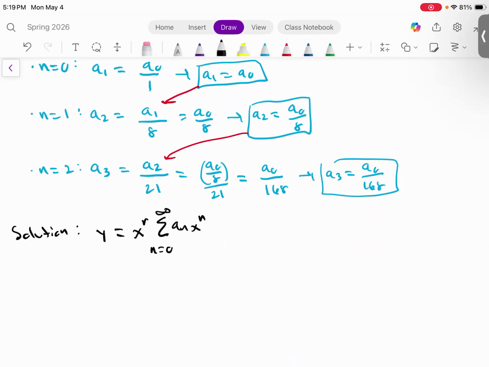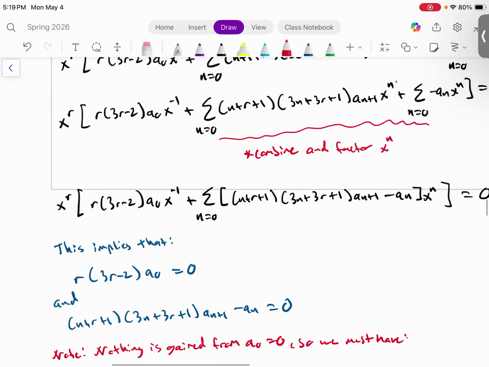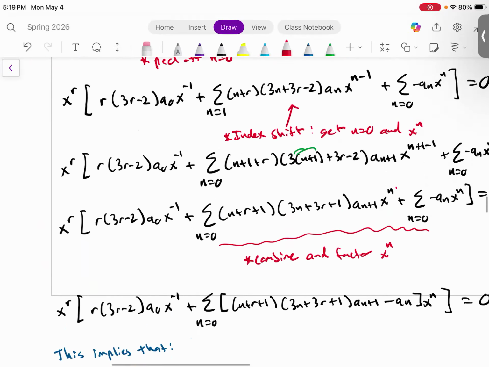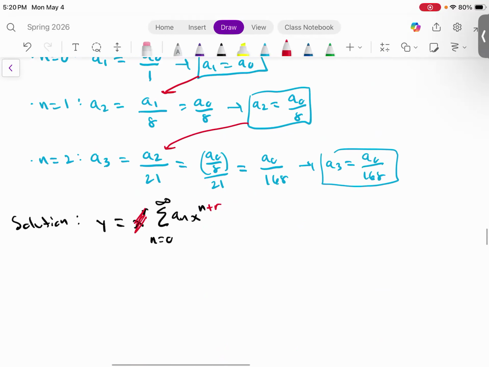Maybe it isn't that way at first, right? We start off with x to the n plus r, but remember we factored out x to the r within our process. That's the same solution. So really, we have a solution like this.